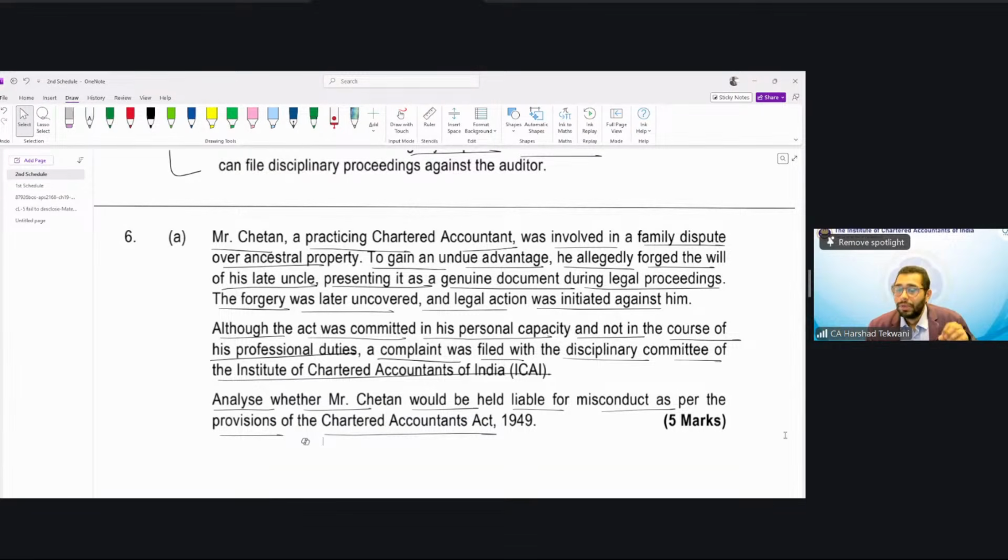He was not performing any engagement or audit where this kind of forgery was conducted by him. It was in his personal capacity that this forgery was undertaken by him. So would Mr. Chetan be liable for misconduct in this scenario? If yes, under which clause? Quickly.